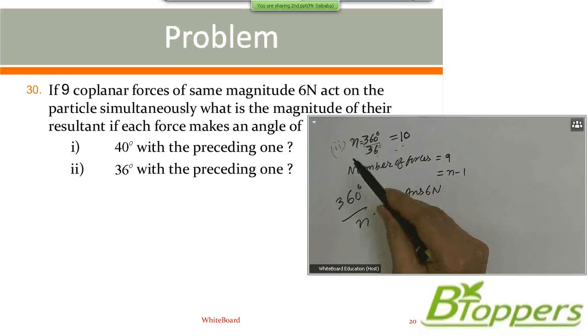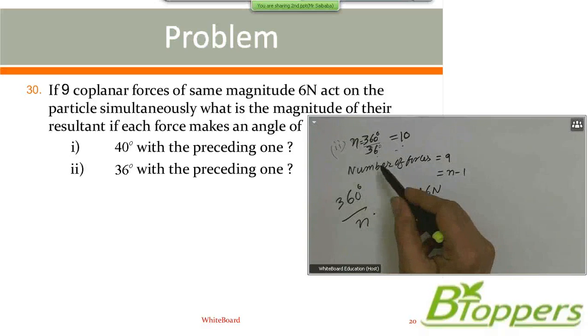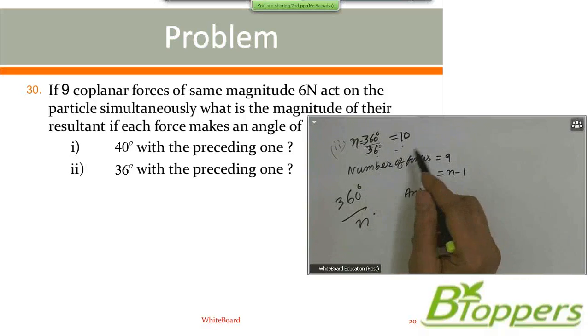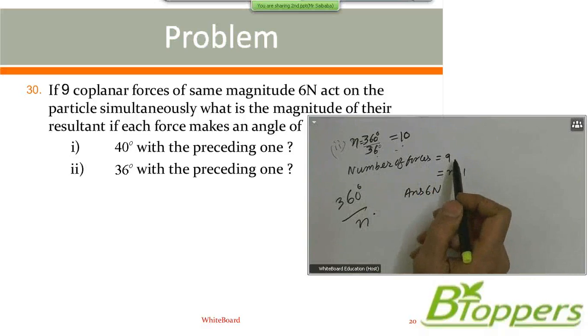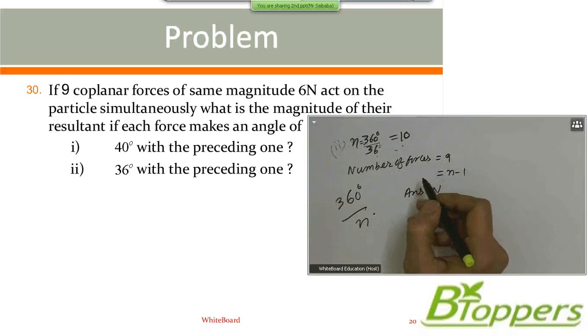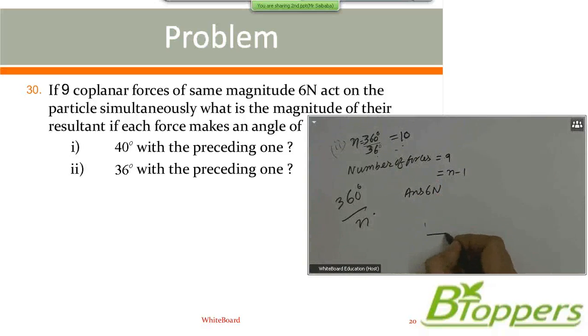But for first part of the question, the answer is 0. That means here the 9 forces can be graphically represented along the 9 sides of an incomplete polygon of 10 sides.